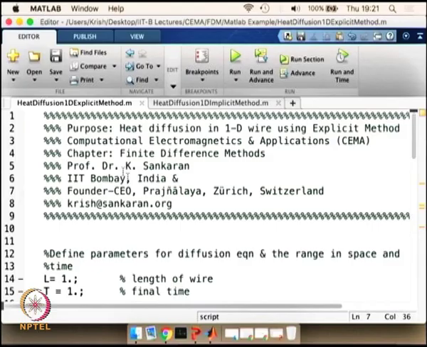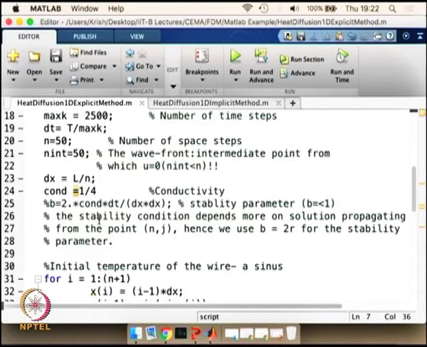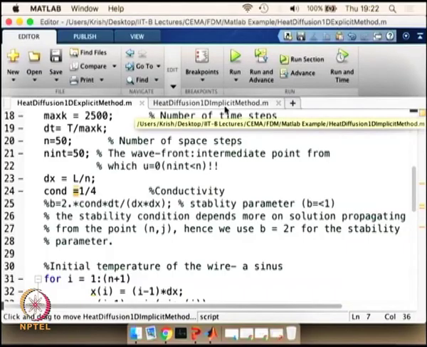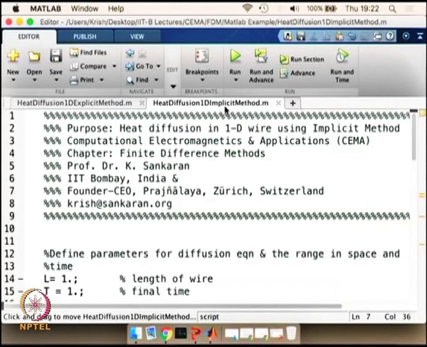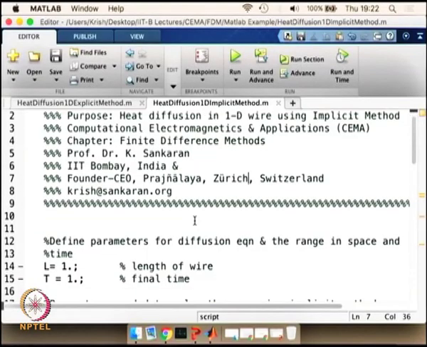Remember that in the case of the explicit method we said that the stability parameter is a hard condition, we can't go beyond 1, and obviously when you go beyond 1 you end up with an instability issue. We will see that in the case of the implicit method we don't have such a hard condition. So we will start with the same problem.